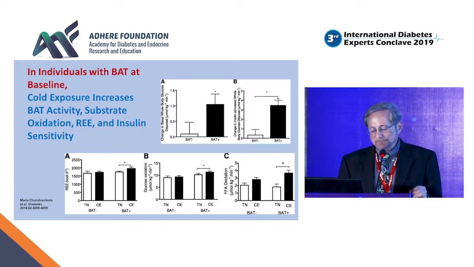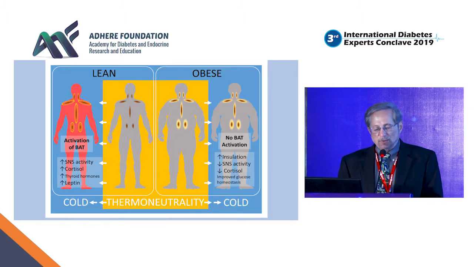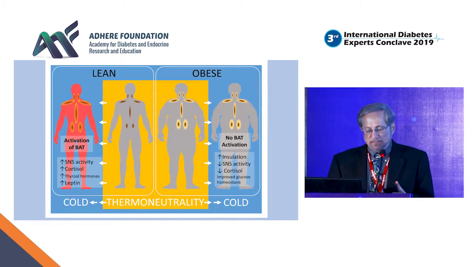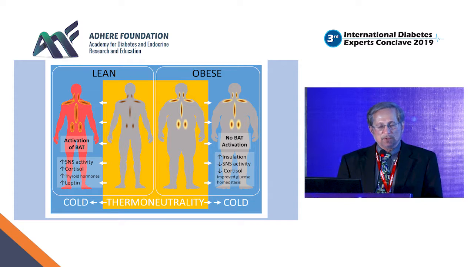But here's the hooker. We only see these effects in patients with larger amounts of brown fat at baseline. In patients where little brown fat is detected, we do not see these increases in these metabolic parameters. So it really means that in lean patients that do have more residual or observable brown fat at baseline, the cold exposure can increase brown fat and lead to some systemic and metabolic improvements.